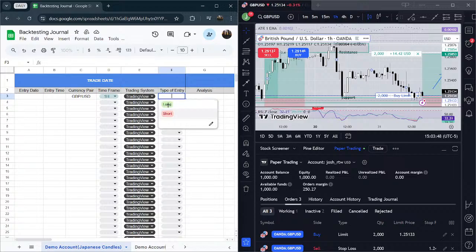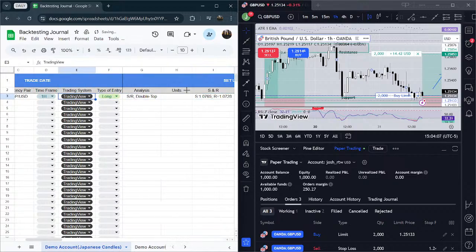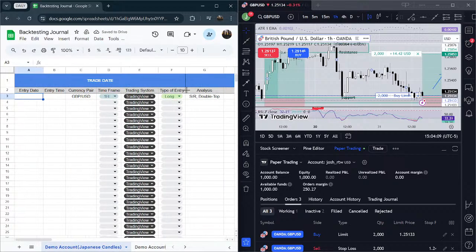I'm doing a 1 hour type of entry, long analysis. Support. I'm gonna put SNR, put some space. SNR, double top. I didn't enter right now, so I'm gonna leave the entry date.